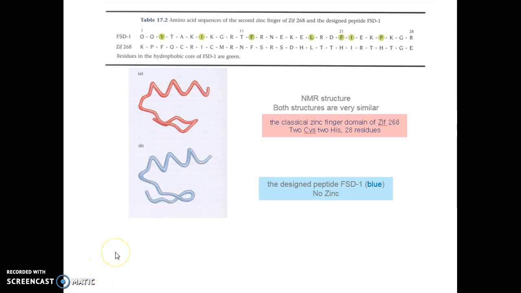In order to examine whether this sequence gave a fold similar to the template, the corresponding peptide was synthesized and its structure was determined by NMR. You can see the blue one in this structure, which is the designed peptide, and the red one from the classical zinc finger. They are very similar.